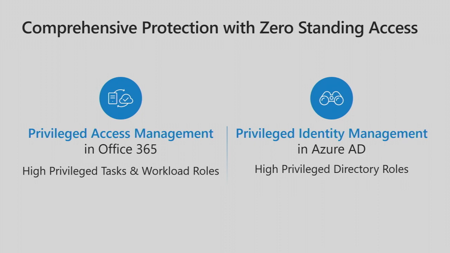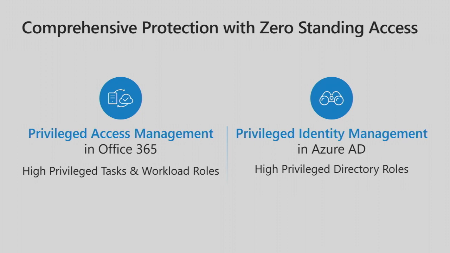And we have two features that enable the concept of privileged access management in Office 365. There is the privileged access management in Office 365 feature itself, and there is privileged identity management in Azure AD. And these two features together provide a customizable set of controls that you can apply at different levels, at different scopes, to manage privileged access just in time.